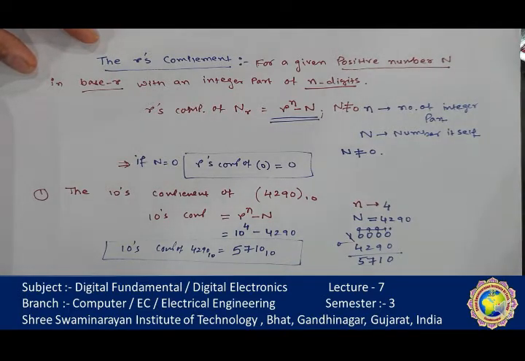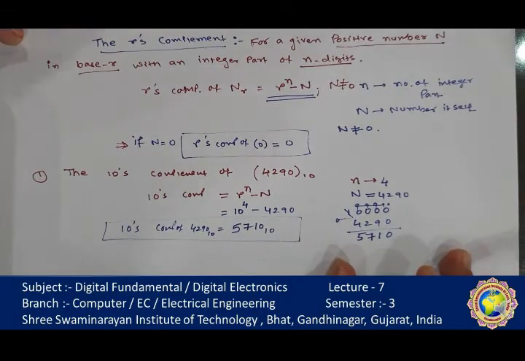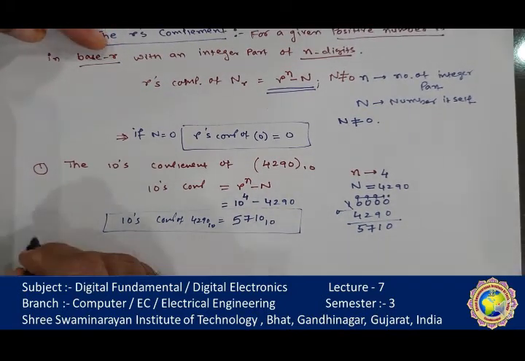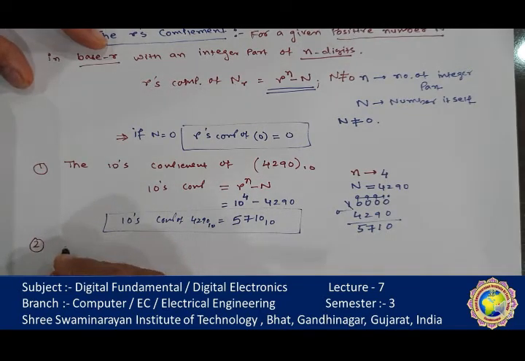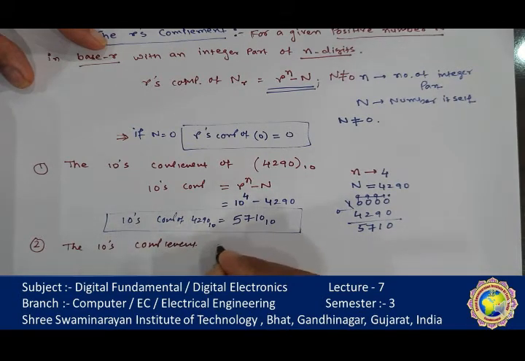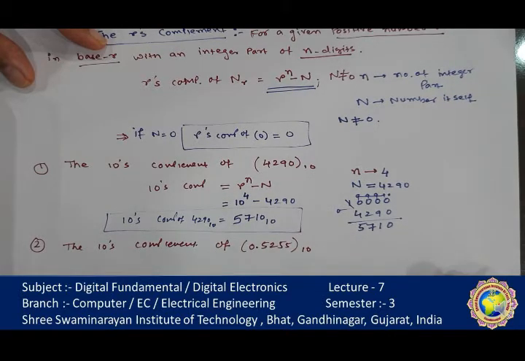Let us take an example of a number with only a fractional part. The tens complement of 0.5255 in decimal.